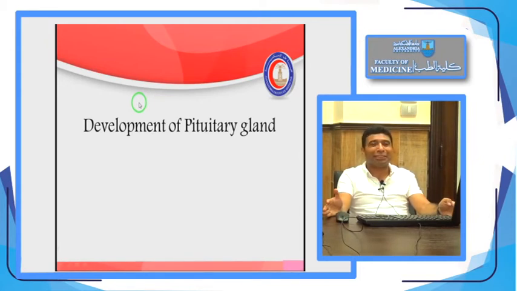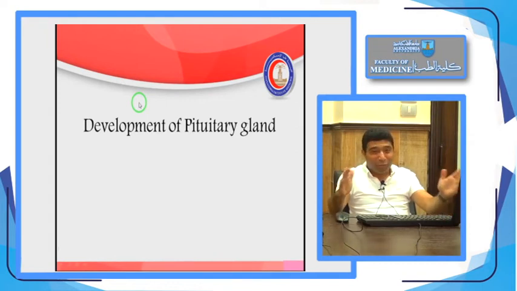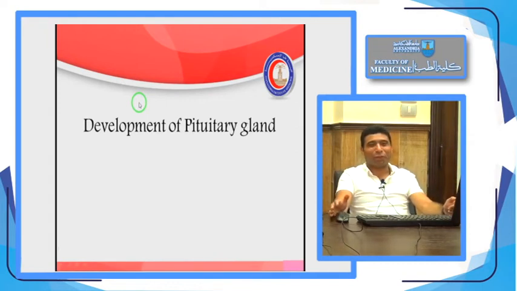It is just a site of storage for the hormones formed in the hypothalamus, in the supraoptic and paraventricular nuclei. Then they are stored in the posterior pituitary just for release. So different lobes, different structure, also different embryological origin.